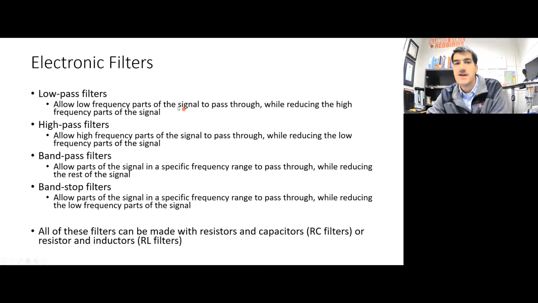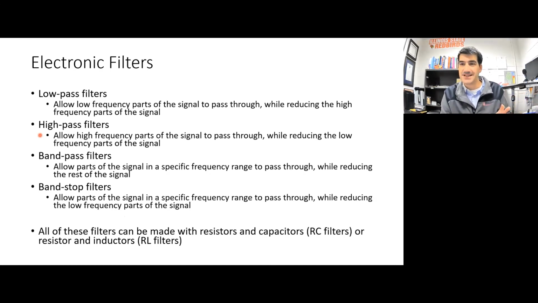Okay, so it's going to reduce the high frequency parts of the signal, and in many cases the noise tends to be high frequency, but not always. So a high pass filter is sometimes necessary when you want to remove the low frequency components of a signal.